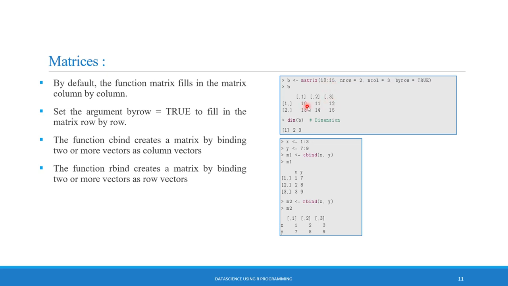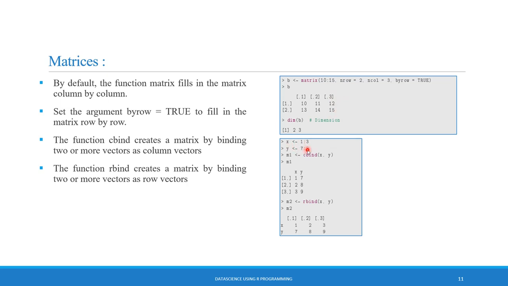Initially 10, 11, 12 is stored as the first row and 13, 14, 15 is stored as the second row. Whenever you want to store the data elements on a row by row basis, you have to pass this additional parameter byrow equal to TRUE. By default, byrow is FALSE. That's why the data elements will be filled on a column by column basis.